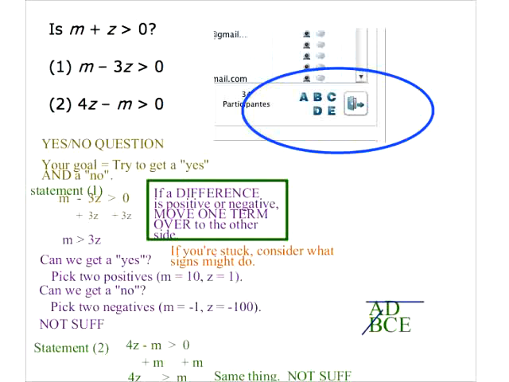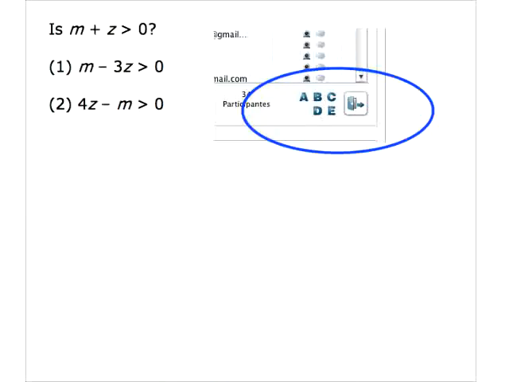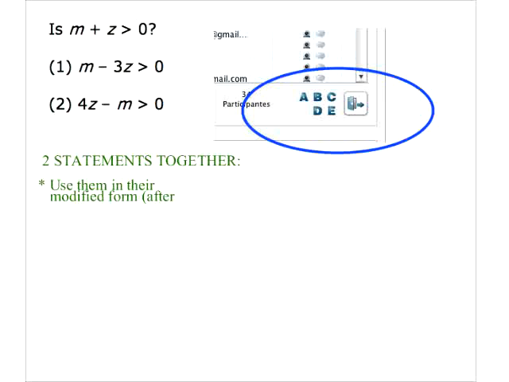All right, let's put them together. Well, how are we going to do that? So two statements together. First, let's see if we can use them in their modified form, the form we made by moving the terms over to the other side.